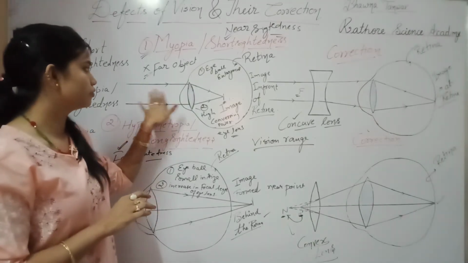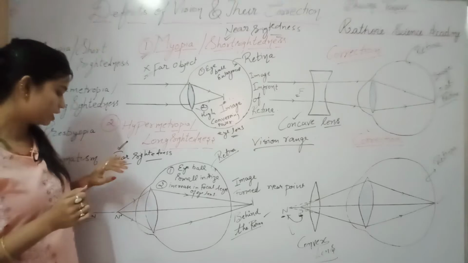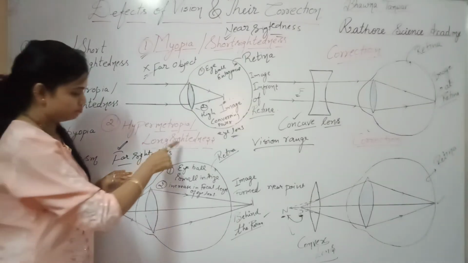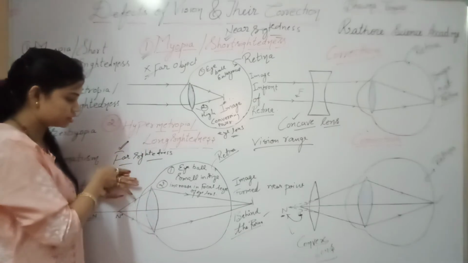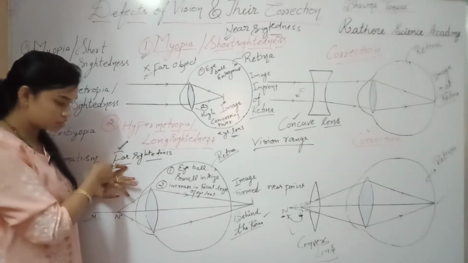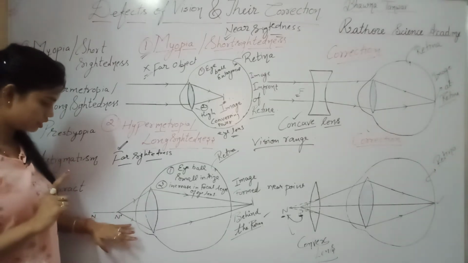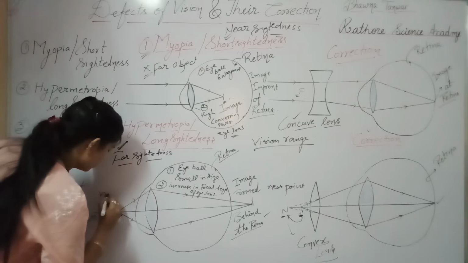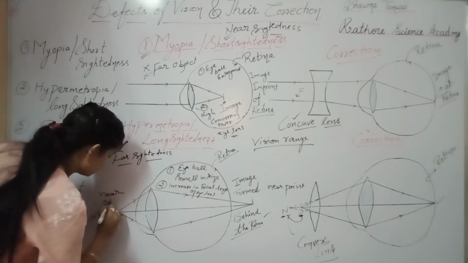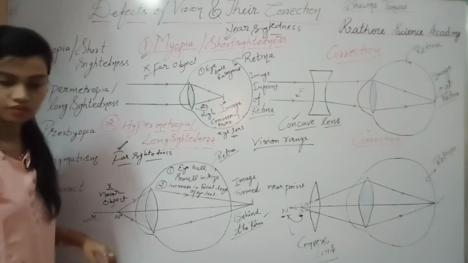So this defect is related to far objects. In hypermetropia, the person is able to see far objects, but not able to see near objects.